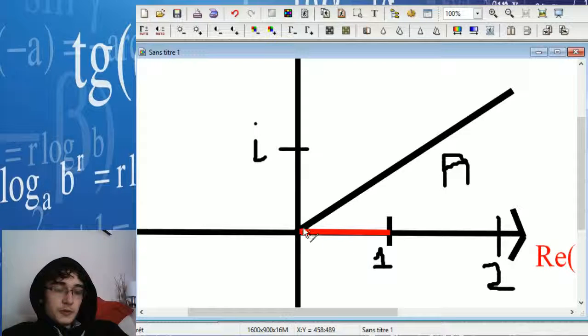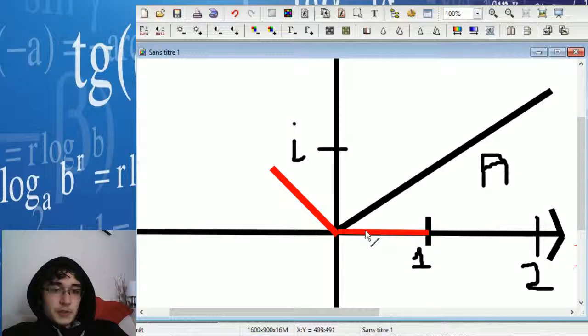The other solution is exponential i 2 pi divided by 3, which is this one, with the module being 1. So for the module it's 1, so 1 times 1 times 1 equals 1. For the angle you have this angle.